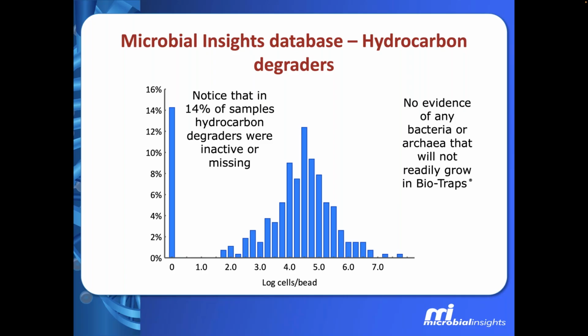One curiosity here, notice that some 14% of the samples used in this particular analysis were not detecting hydrocarbon degraders using biotraps. Well, we've all been told that hydrocarbon degraders are ubiquitous, so why is that? The reason is that there are a lot of environments where hydrocarbon degraders may be present, but they're not actively growing and reproducing.